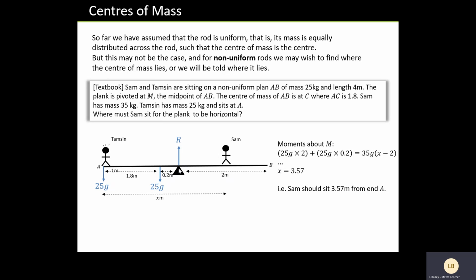This distance is 2 metres. So the distance from where Tamsin is at the pivot M to Sam is X less than 2 metres. So the extra bit here is the full X less those 2. That's where the X minus 2 comes from. Your only unknown in there is X, which gives you 3.57 metres. And we were asked to find the distance that Sam was from the point A, which is your 3.57 metres.